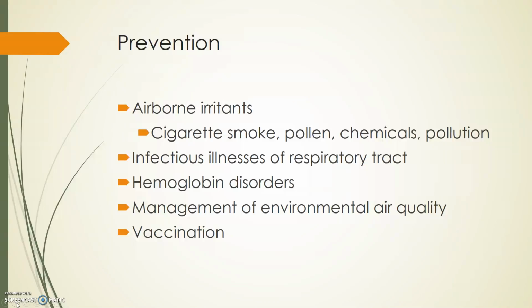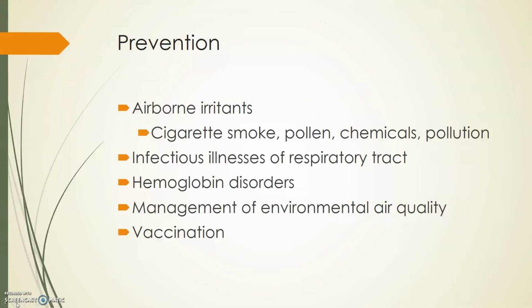So preventing lung problems, respiratory problems, making sure that we're avoiding airborne irritants, cigarette smoke, pollen, chemicals, pollution, infectious illnesses of the respiratory tract such as a common cold, flu, pneumonia, TB.